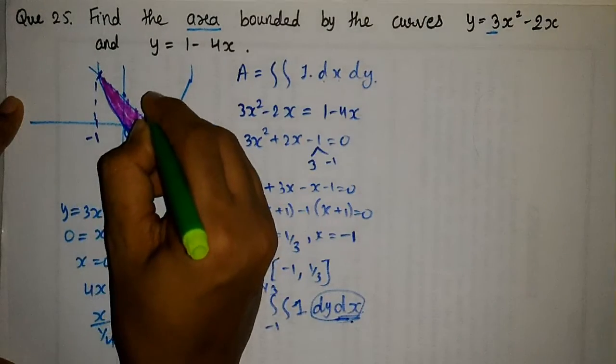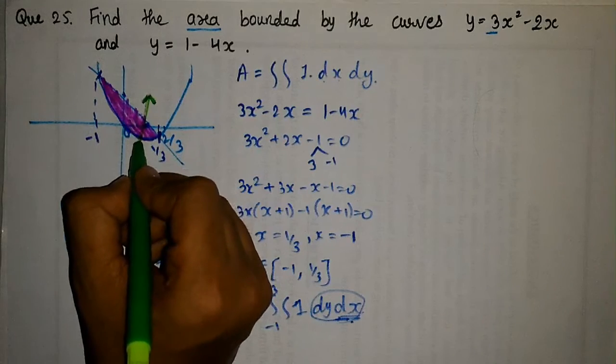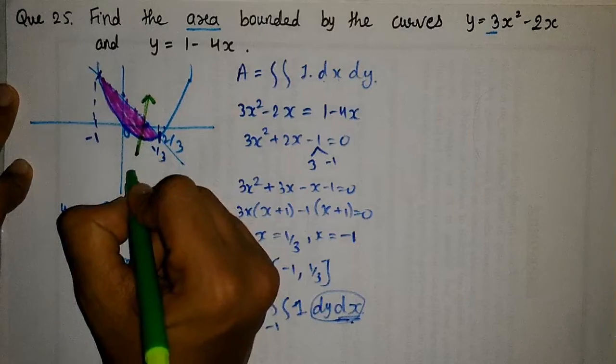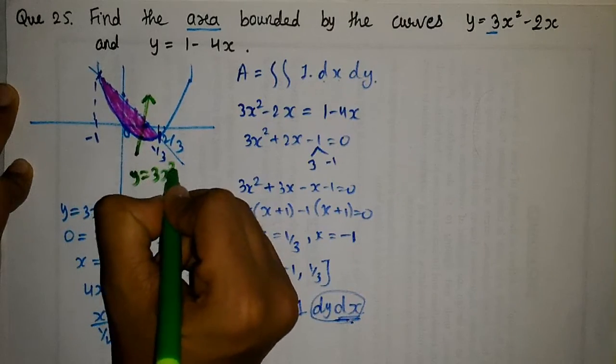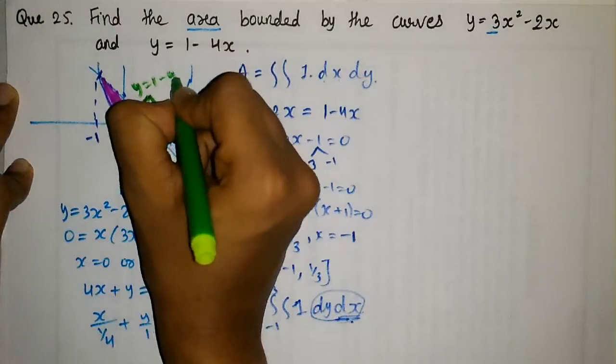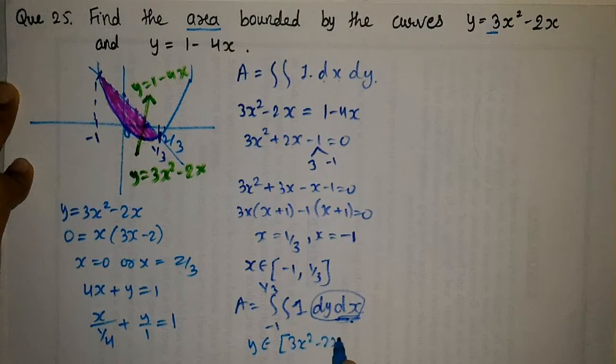You can go in the description, find the link and watch that. Here we can see it is entering from the curve y is equal to 3x square minus 2x and leaving from the curve y is equal to 1 minus 4x. So the limit of y will be, y belongs to 3x square minus 2x to 1 minus 4x.